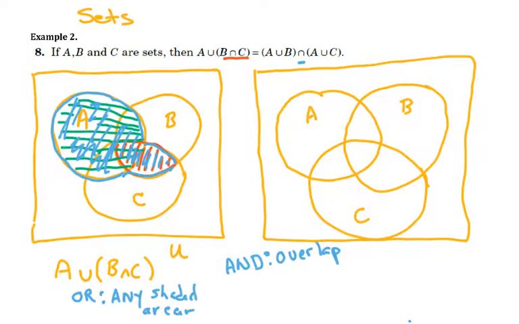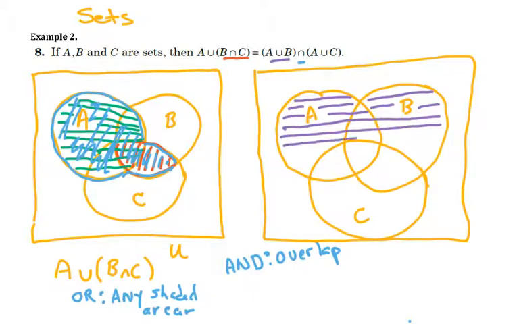Okay, so I'll start by shading A union B in purple and use horizontal lines. So that's everything in A together with everything in B. So you want to shade the A circle and the B circle.